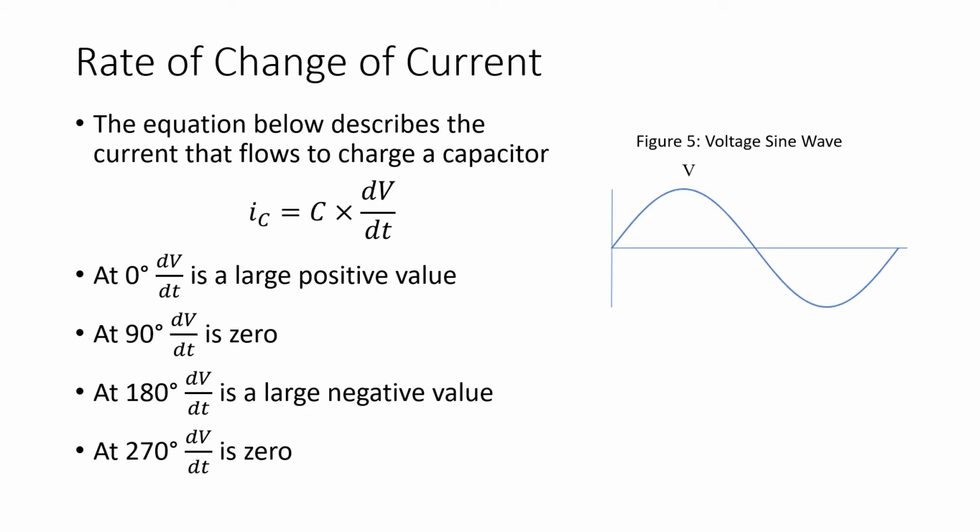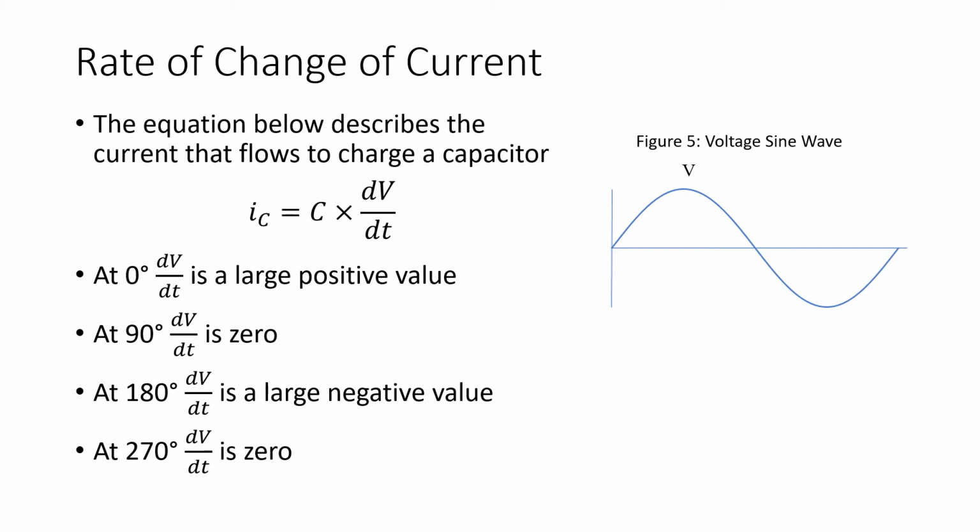Now, the equation again that describes the instantaneous current to charge a capacitor equals C times dV/dt. And if we look at the voltage sine waves shown in Figure 5, at 0 degrees, dV/dt is a large positive value. Again, dV/dt is merely the slope of that sine curve at 0 degrees.